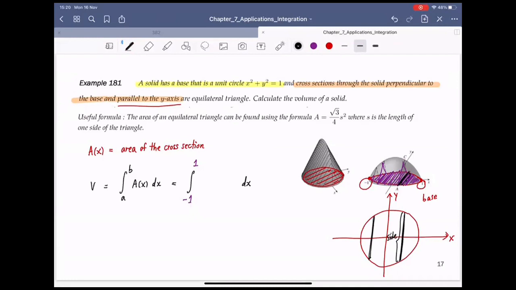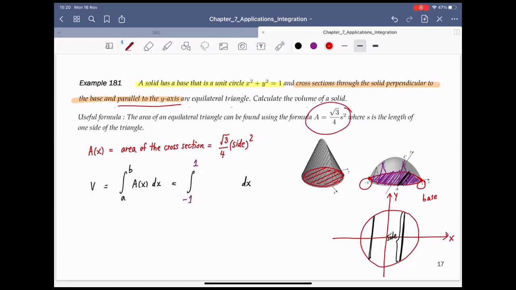So actually, the area of the cross section is going to be the area of the equilateral triangle. That is going to be square root 3 over 4 times side squared. How do I know this formula?